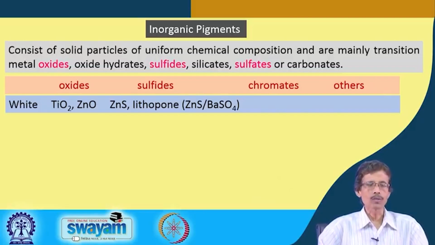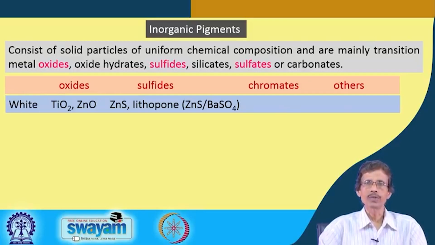So, both zinc oxide as well as zinc sulfide are white in color. And lithophone is a mixed pigment, zinc sulfide along with some barium sulfate. So, these are the white inorganic salts from your inorganic chemistry knowledge, what we know from our school days also, how we identify zinc oxide or zinc sulfide.